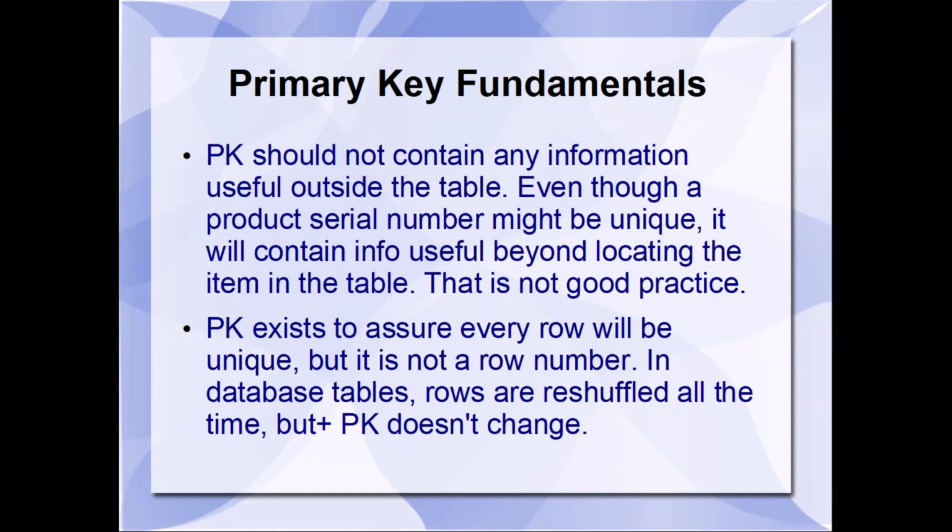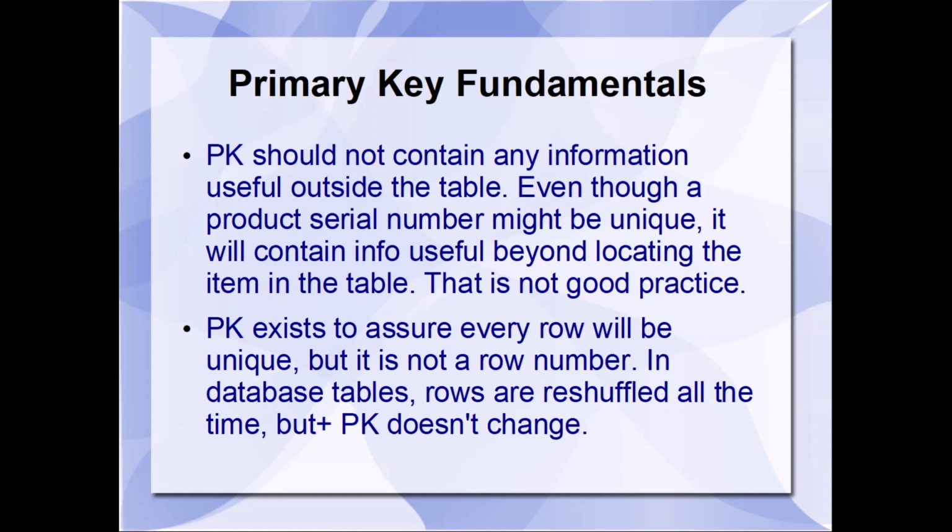Okay, so here's a couple of descriptions of what a primary key is. Another thing about primary keys is, in relational databases, rows are often reshuffled because you rarely actually go to the table to consult data. You'd run a query.